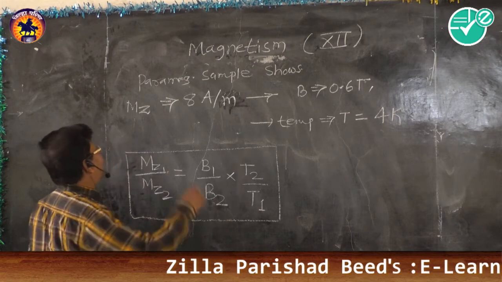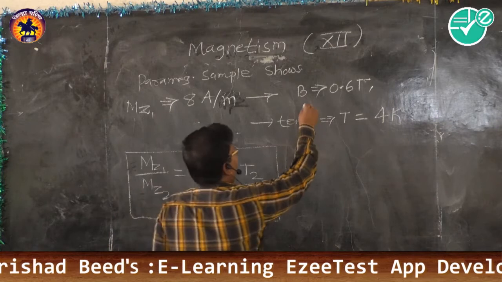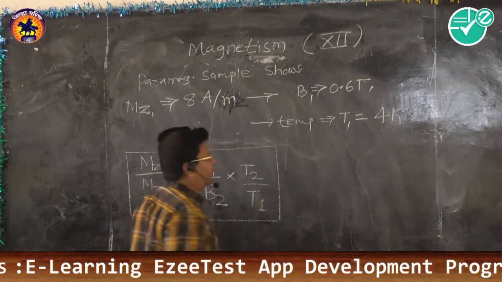So these values are provided for the first set: Mz1, B1 and T1.